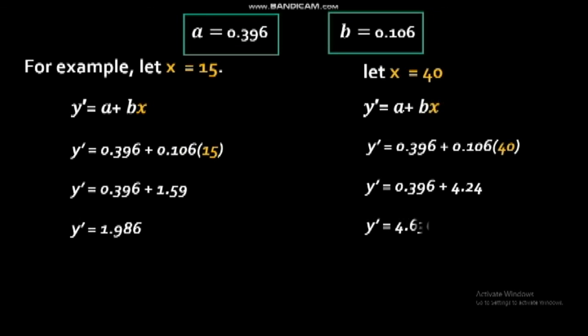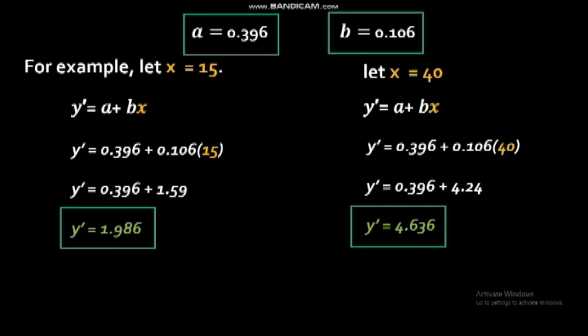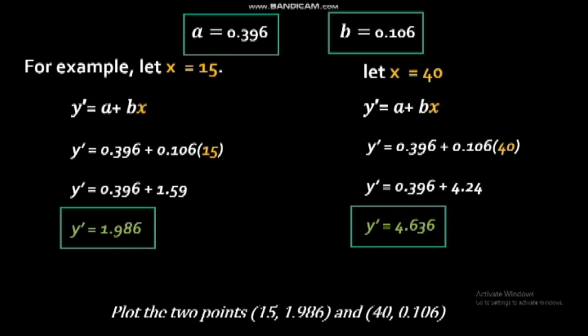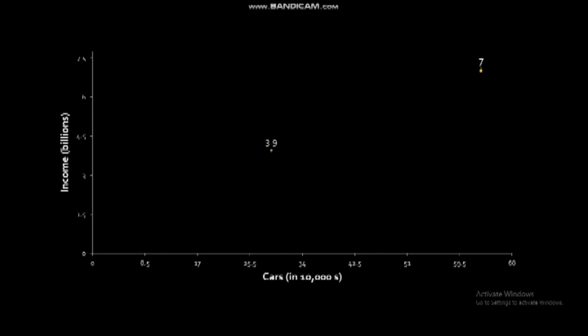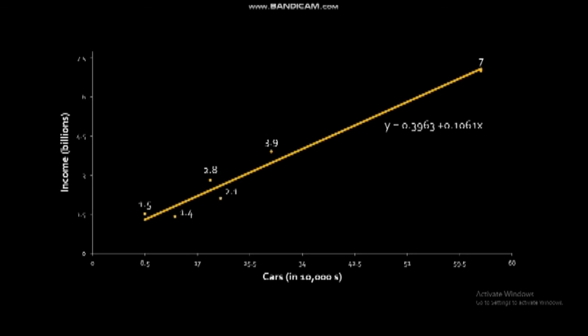Y prime is equal to 4.636. Then plot the 2 points 15 and 1.986 and 40 and 4.636, and draw a line connecting the 2 points. We will now plot the points that we have computed and make a scatter plot to find the equation of the regression line.